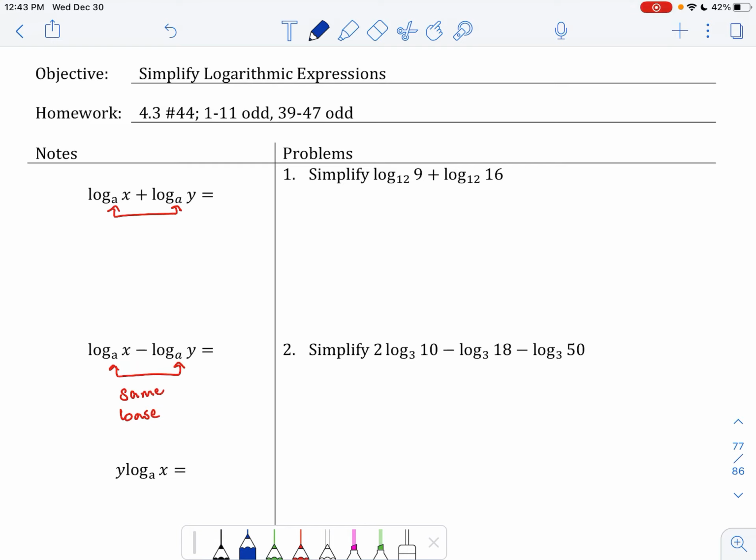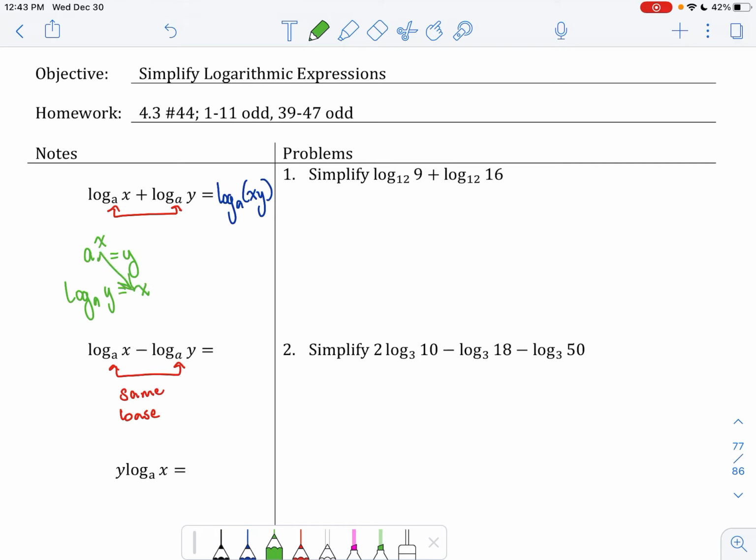So log a of x plus log a of y can be simplified as log a of x times y. And this idea is coming because logs are always equal to exponents, right? If I have a to the x is equal to y, that's the same as log base a of y is equal to x.